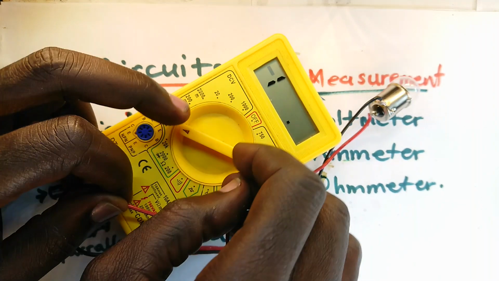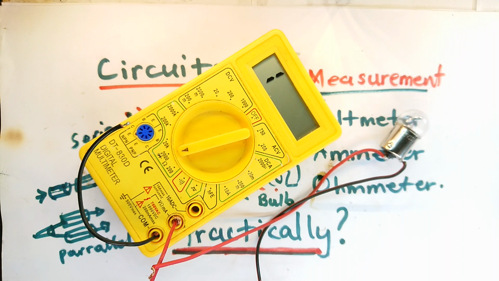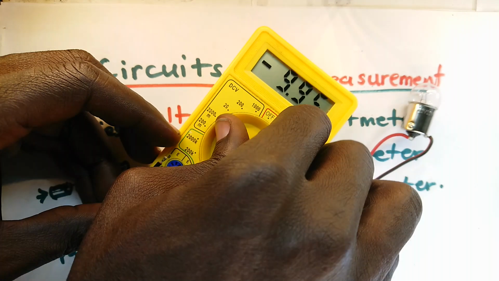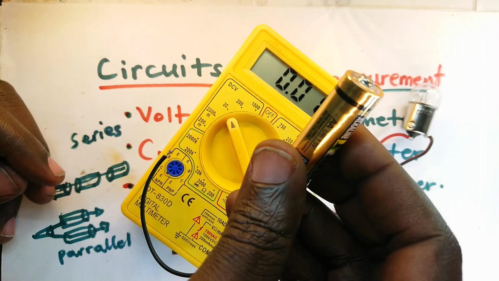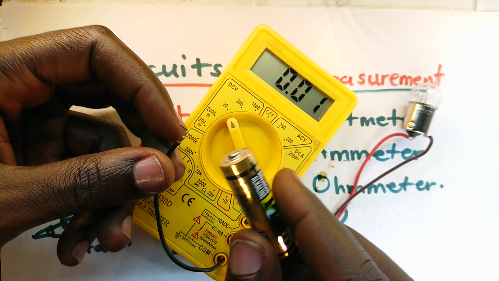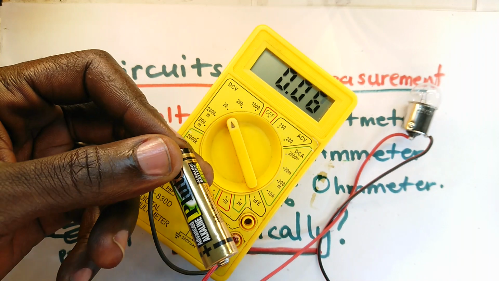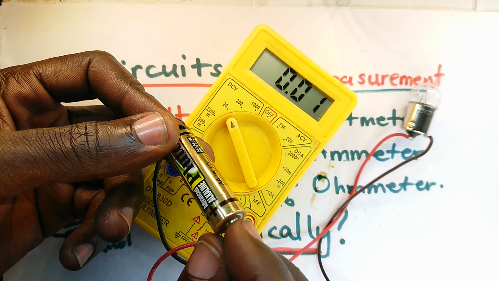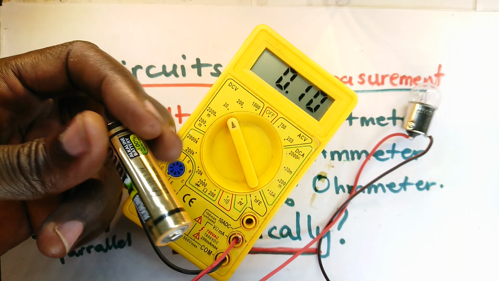This one is unwilling. Let me try to use this to measure voltage, and see if at least its voltage setting gives us roughly something close to 1.5. So put the black at the negative terminal and the red at the positive terminal. Okay, it is good for measuring voltage.